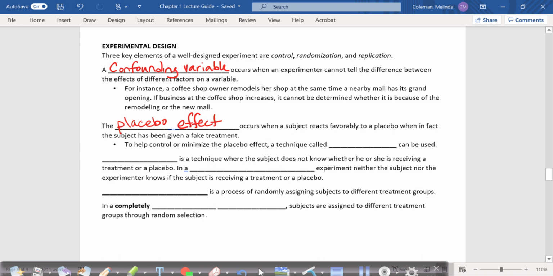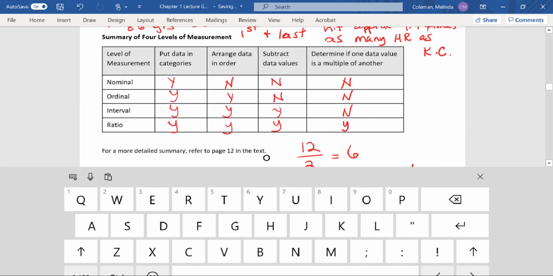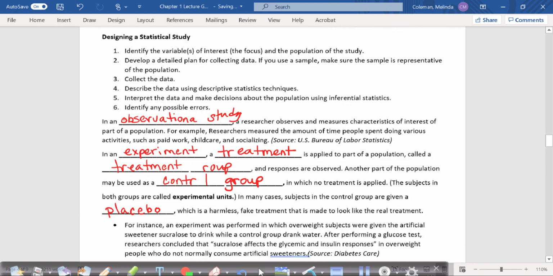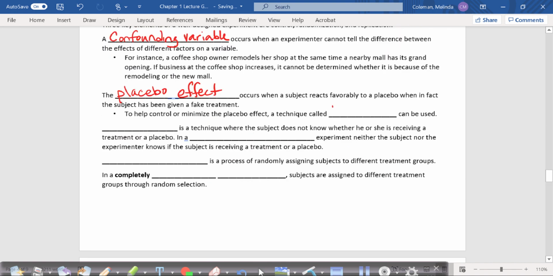So to help control or minimize the placebo effect, a technique called blinding can be used.